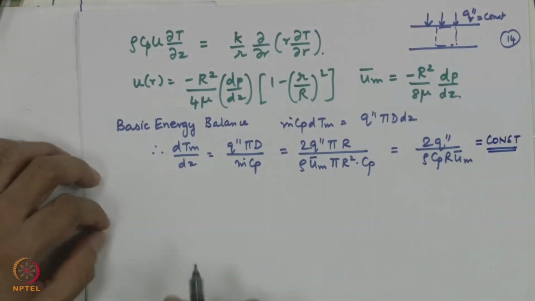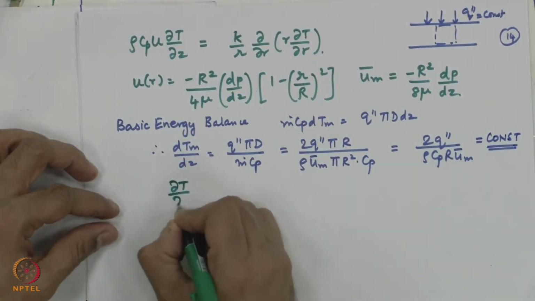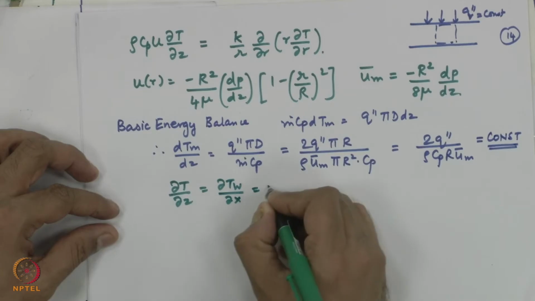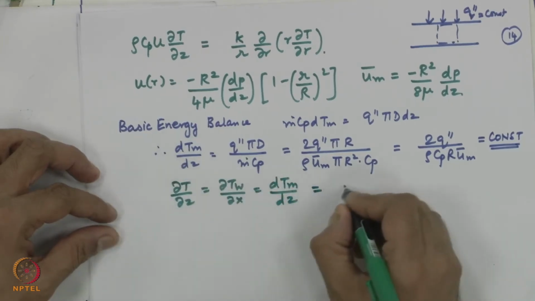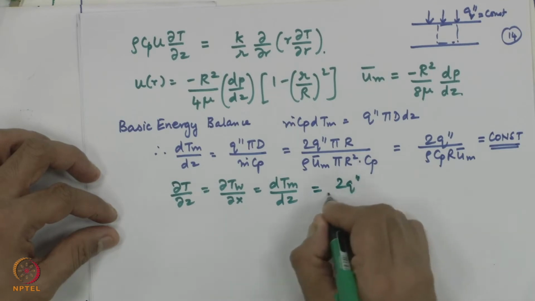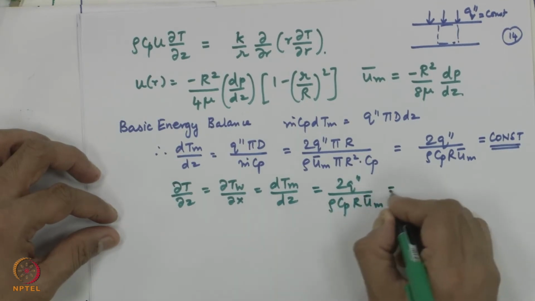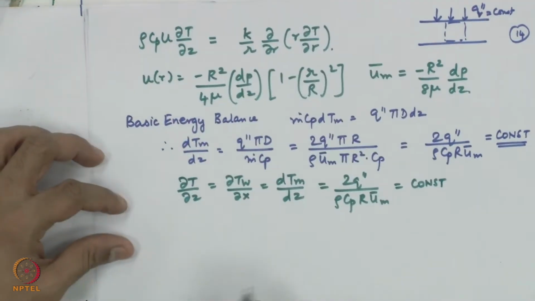Remember, we had come up with this, and we had also shown dT/dz is equal to dT wall/dx is equal to dTm/dz, this one is equal to this quantity. This was also shown a couple of modules ago, so you can take a look at that. We are going to employ this here.